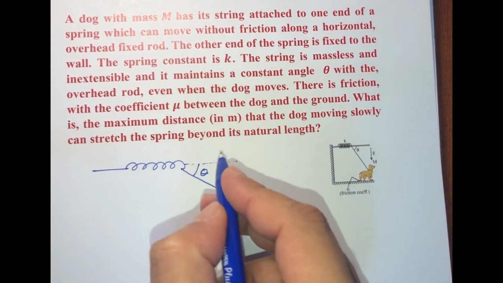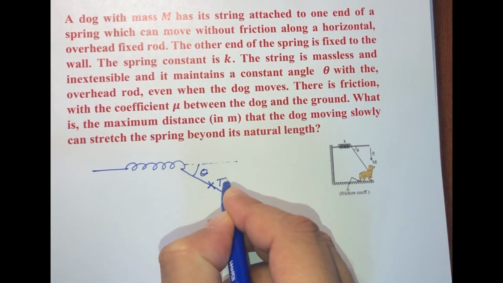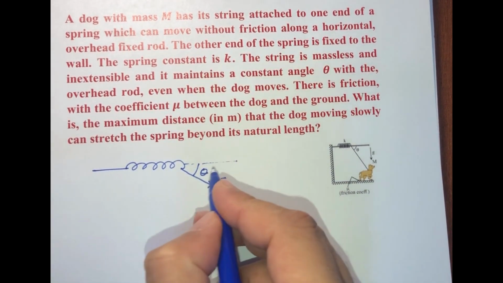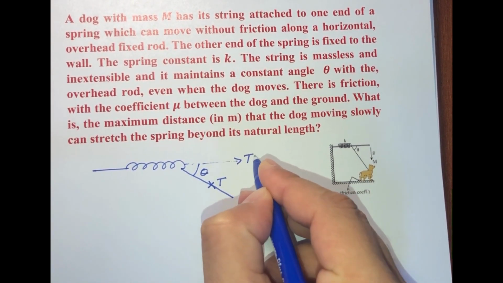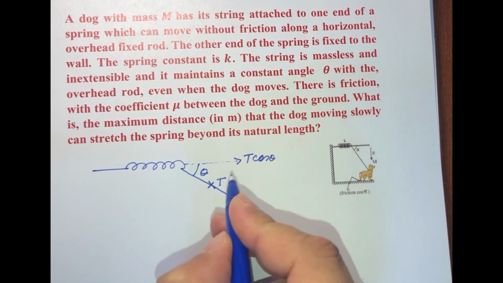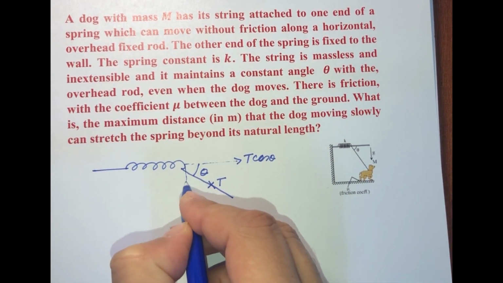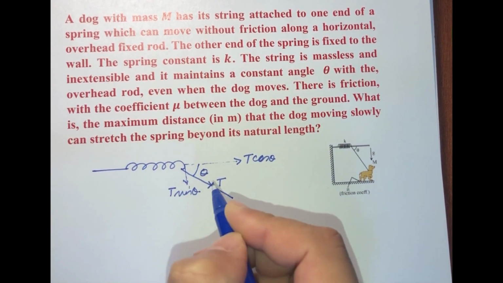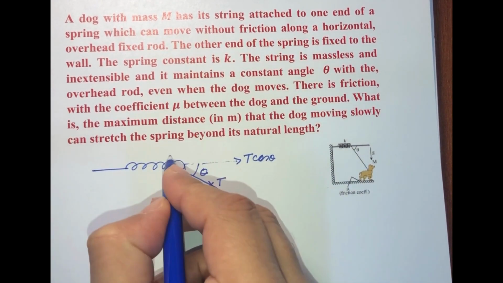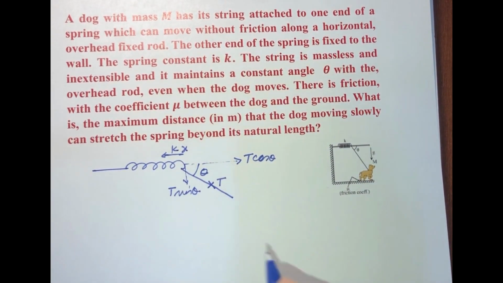We have a tension T, and this tension T can be divided into two components: T cos theta and T sine theta, and there will be a force of kx if x is the displacement.